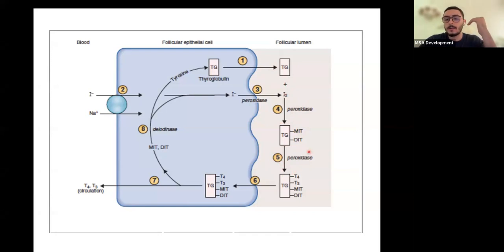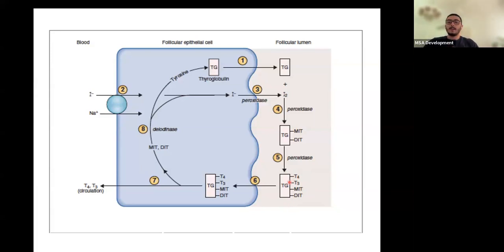Coupling is also carried out by peroxidase, where the peroxidase couples MIT and DIT together to form T3 and T4. Now, what's the difference here? If we combine two DIT molecules, DIT and DIT, we will have T4. And if we combine MIT and DIT, we will have T3. And this is the product here in the lumen.